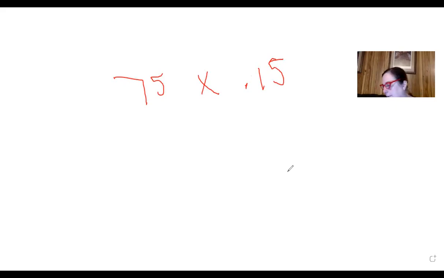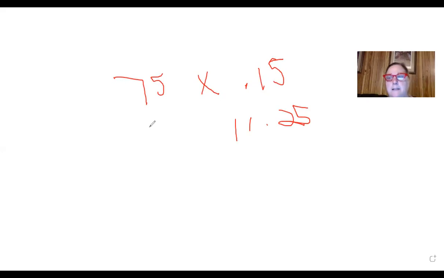So you're going to save $11.25. So when you go to checkout, you're going to take the $75 minus $11.25, and before taxes, you're going to pay $63.75. So just remember, whatever the markdown is, it's going to be point whatever.